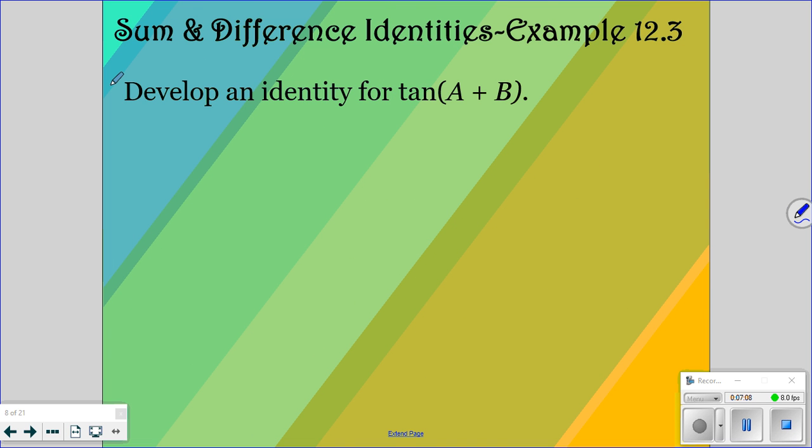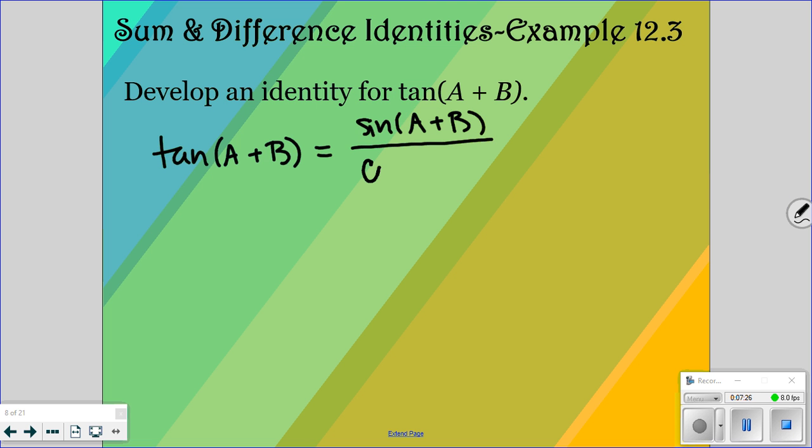Okay, so now we're going to develop an identity for tangent of A plus B. So we know that tangent is the same thing as sine over cosine. So the tangent of A plus B is the same thing as the sine of A plus B over the cosine of A plus B. So we start with that.